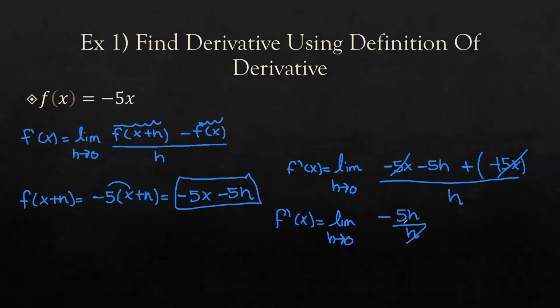That cancels the h's. So really you're just stuck with f prime of x equals -5. Now, remember, a limit is a y value, so it doesn't matter what your x value is, this is always going to be -5. So your final answer is just -5.